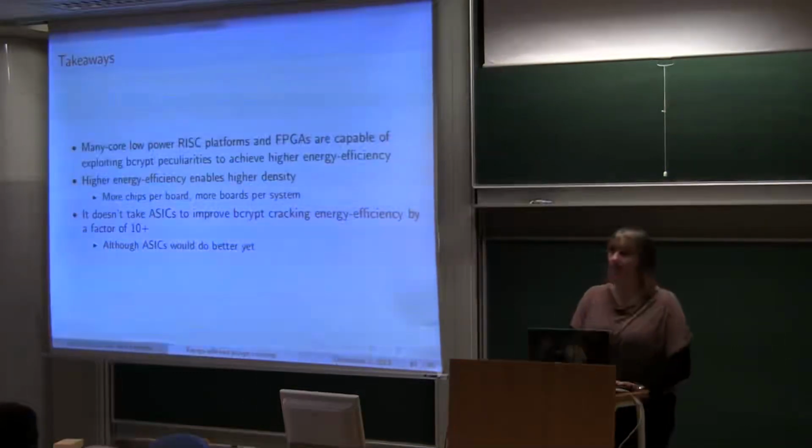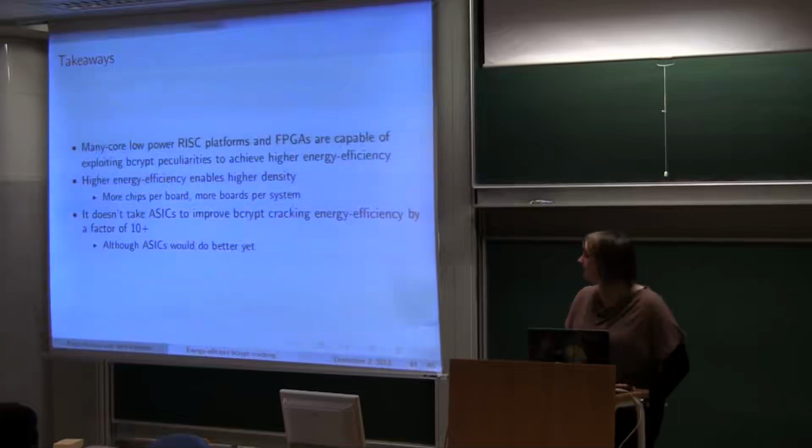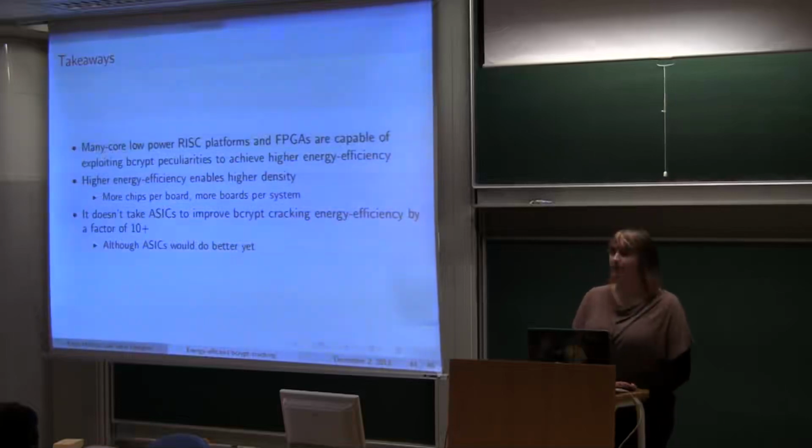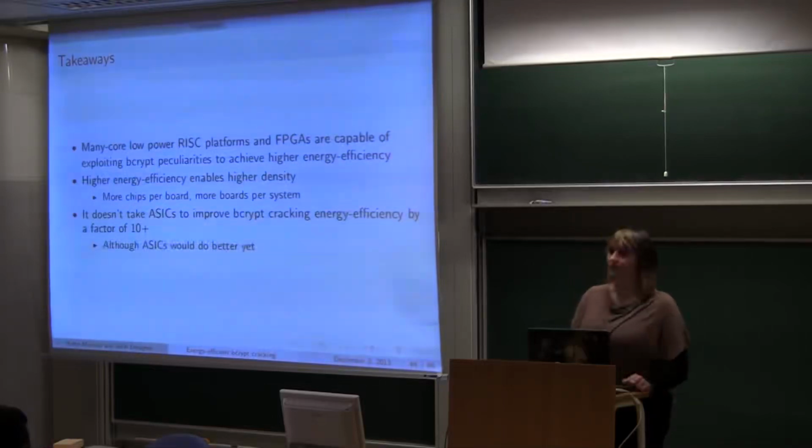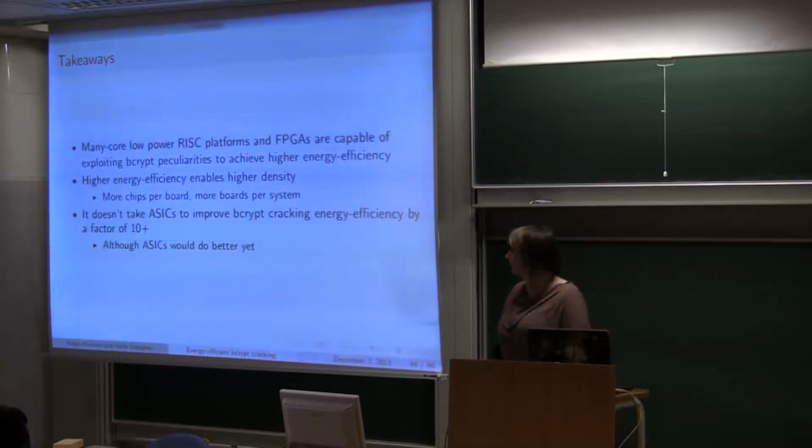And what I'd like you to remember is that multi-core low power RISC platforms are a nice match to the Bcrypt hashing algorithm, and are able to achieve a very high energy efficiency.